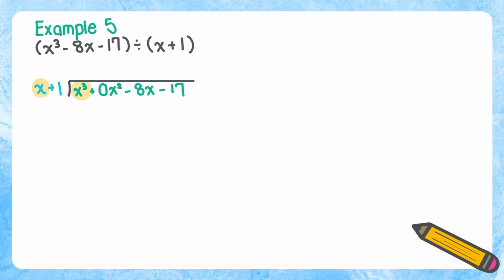Right, so focusing on the first terms, x times what would equal x cubed? So in the blank, we have x squared. Please make sure to keep it aligned. Right? And then next we distribute and get x cubed plus x squared, or 1x squared.